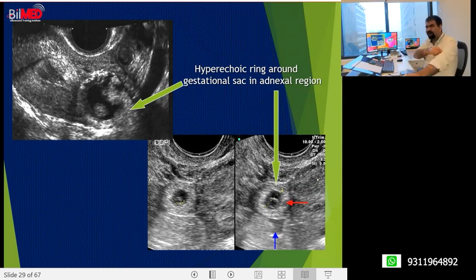So this is one point. If I am seeing the decidual reactions over there, I will have more confidence that I am dealing not with a cystic lesion, but with a gestational sac implanted over there, which is reflected by these decidual reactions.